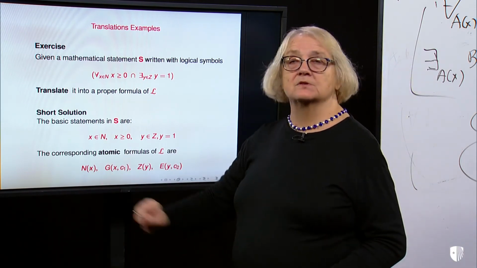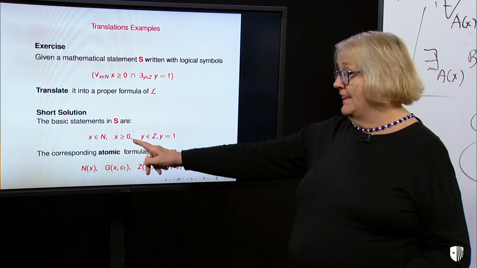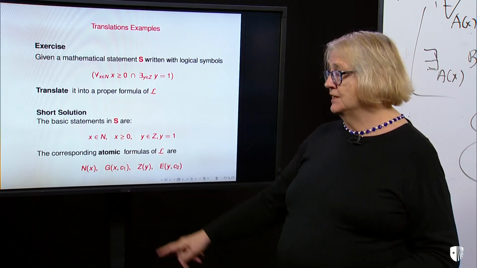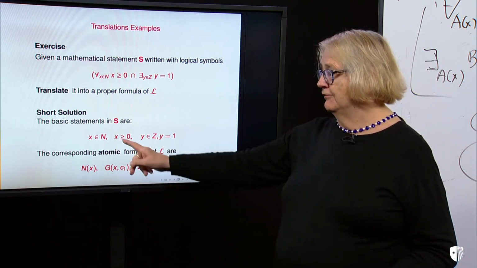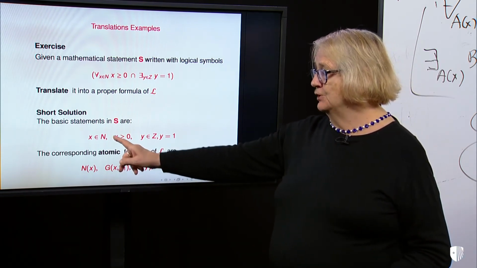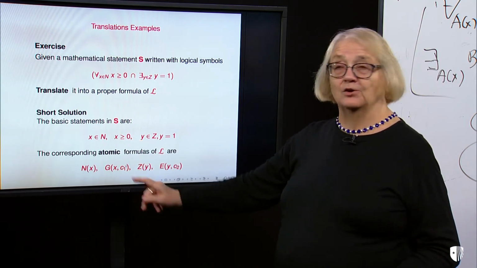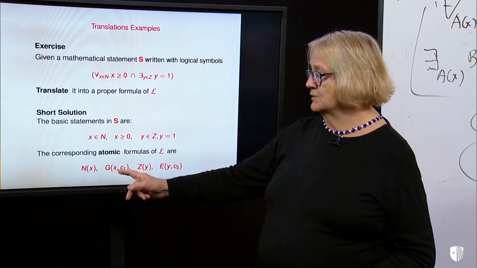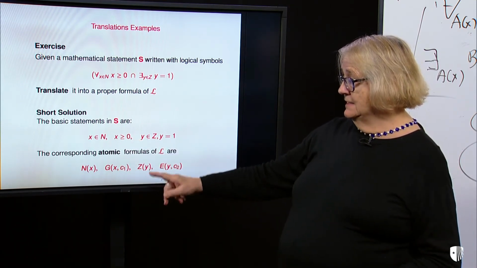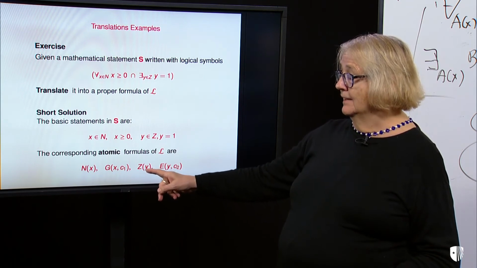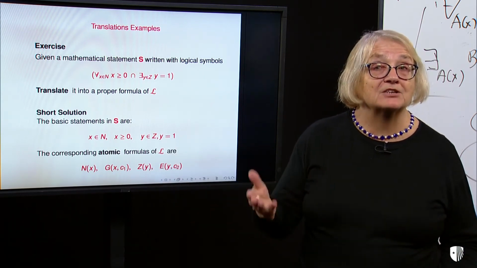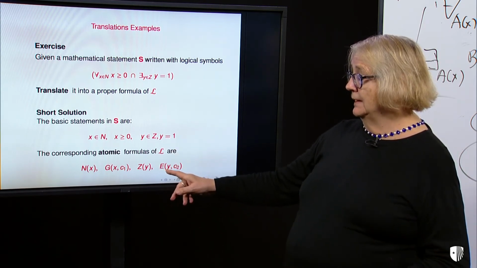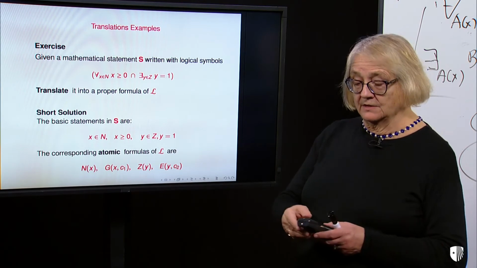Then this is a two argument relation, and I write G for greater, which is between a variable and 0, a constant. That corresponds to that. Y in Z is Z of y. I use Z to remember that I started with Z, which means integer. And equality is equality between y and another constant.